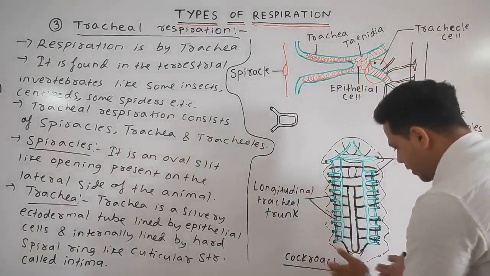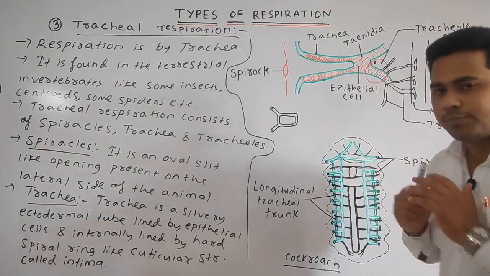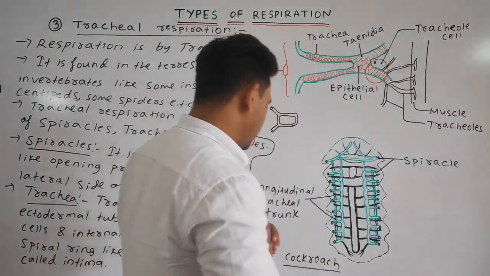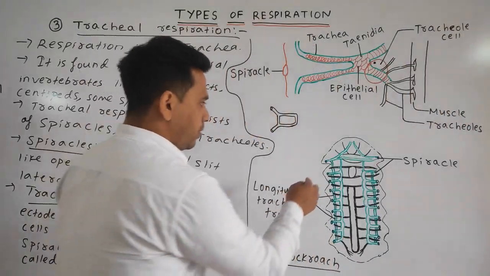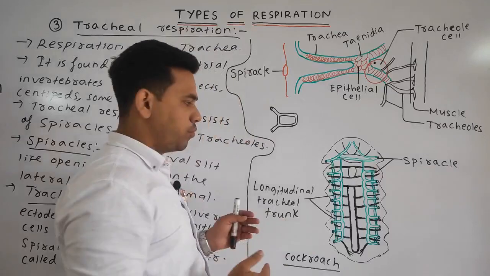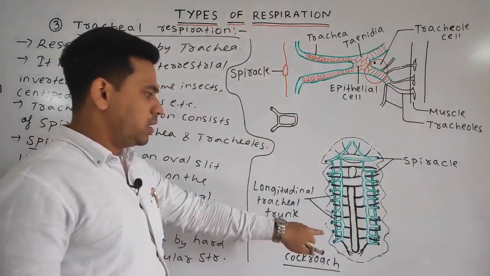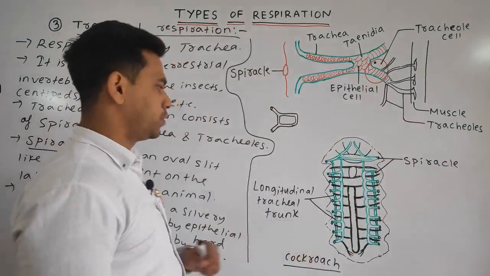This is the arrangement of the spiracles and the trachea. The spiracles are slit-like openings present on the lateral side of the animals. Here we are taking the concept of the cockroach.